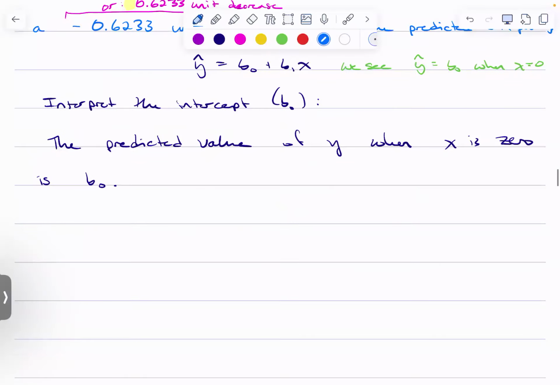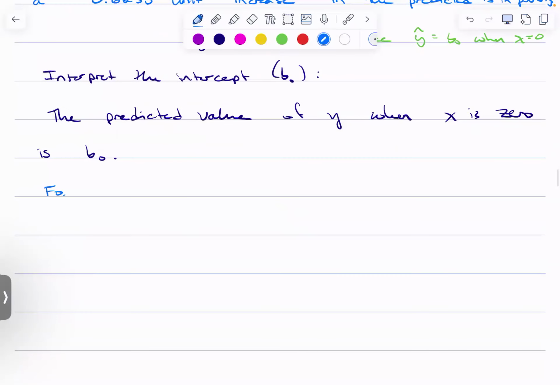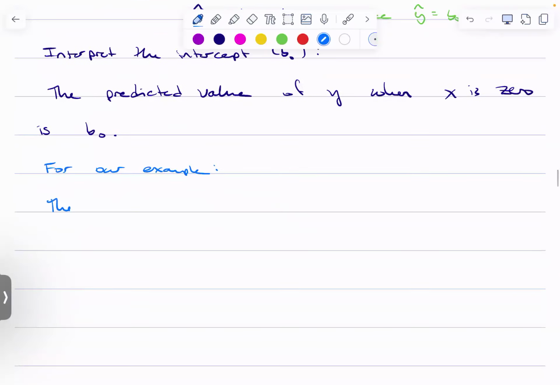So for our example, and you can rework it because often the sentence structure gets a little bit weird, but if you keep the sentence structure like this, that's totally fine.